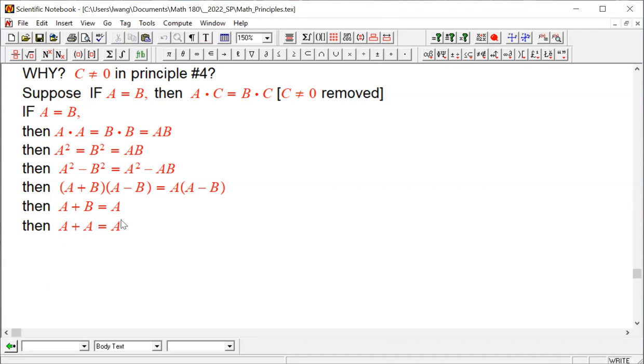Then what do I get? Then I will get 2 times A is A. And then I can cross out the A. What do I get? I get 2 equals 1.